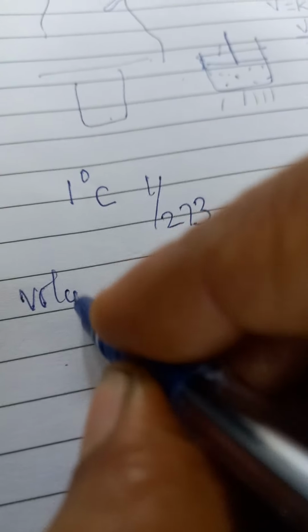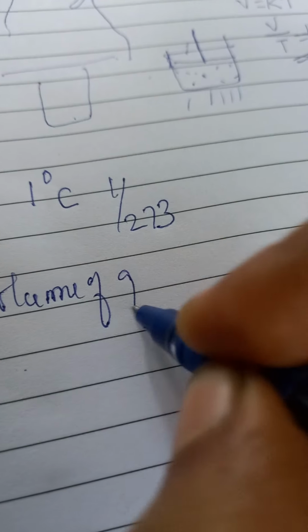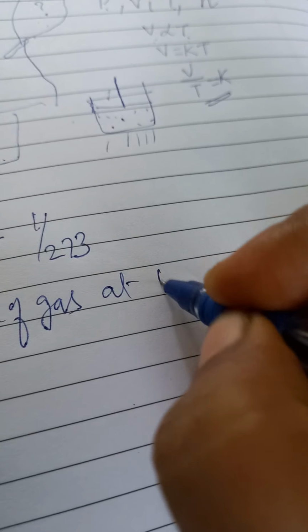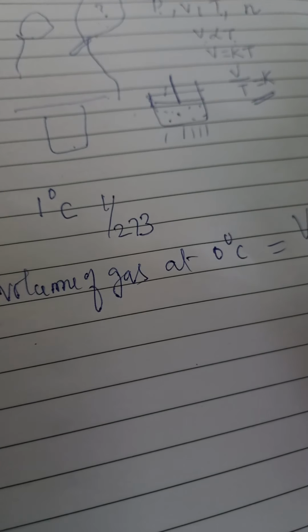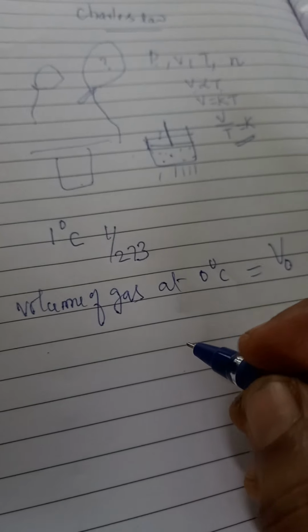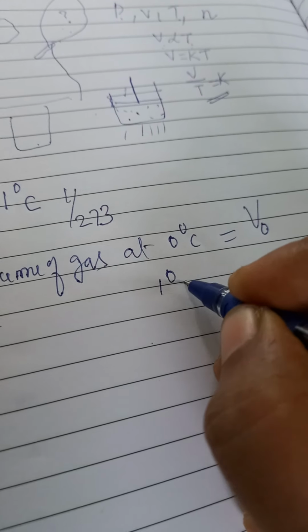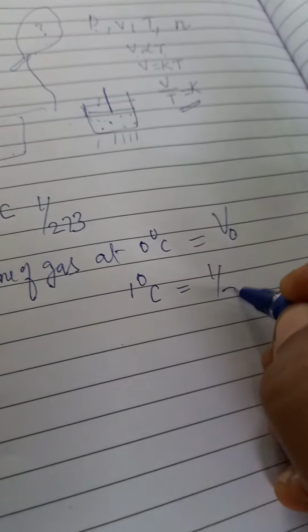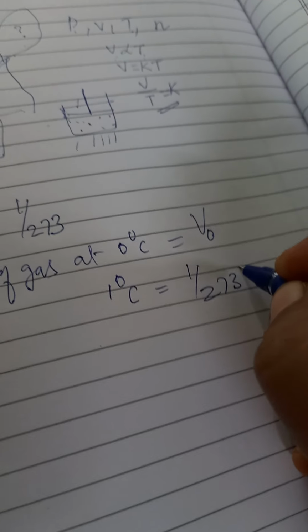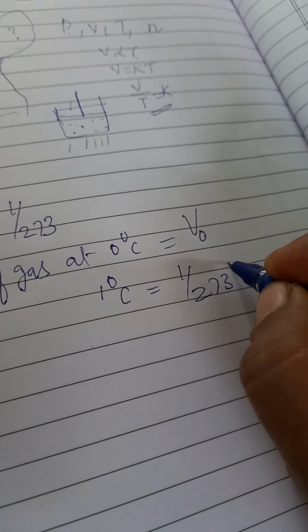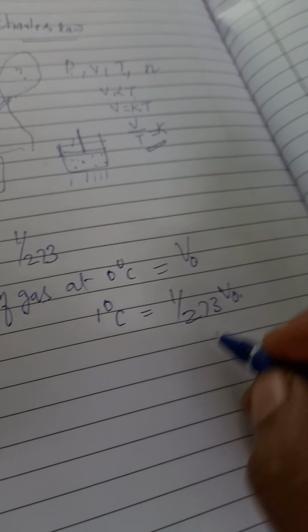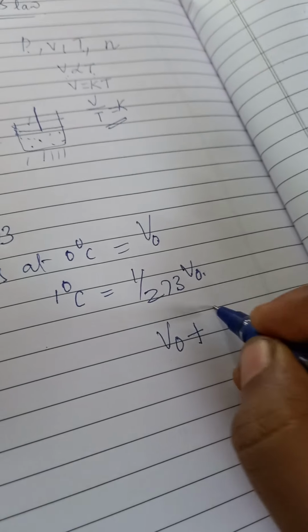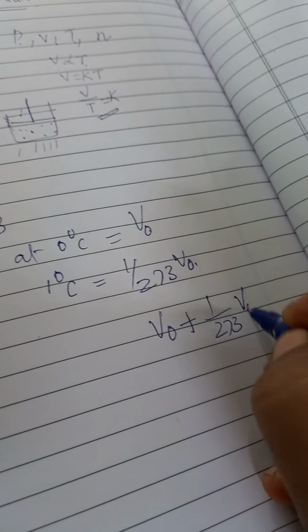So let the volume of the gas at 0 degree Celsius be V0. V0 is the initial volume. The volume of the gas in the container at 1 degree Celsius is V0 plus 1 by 273 into V0.